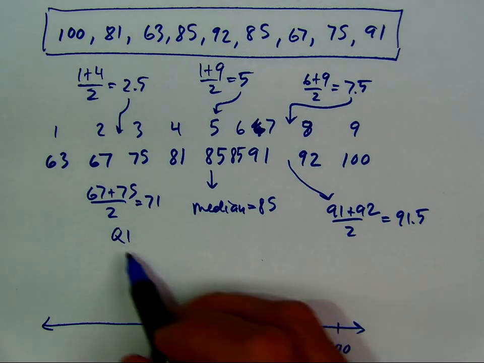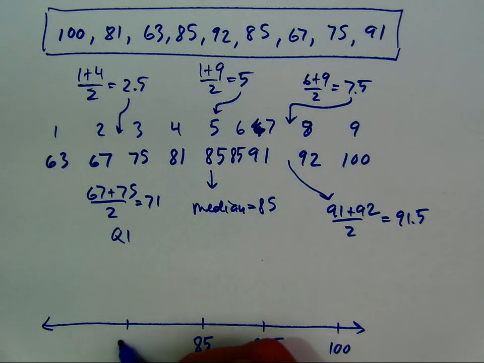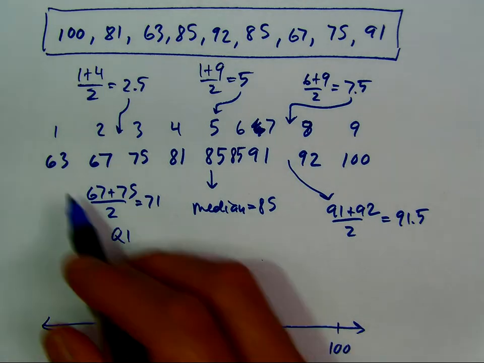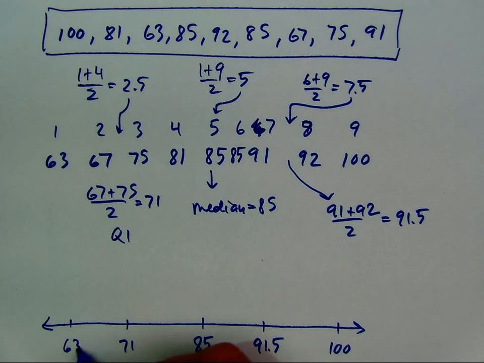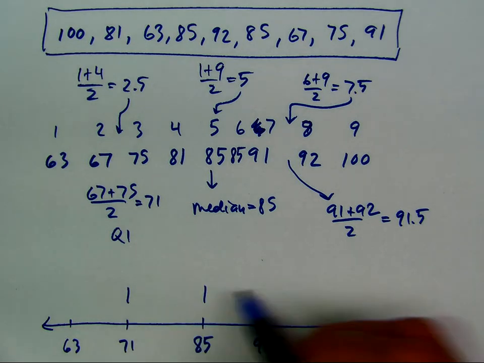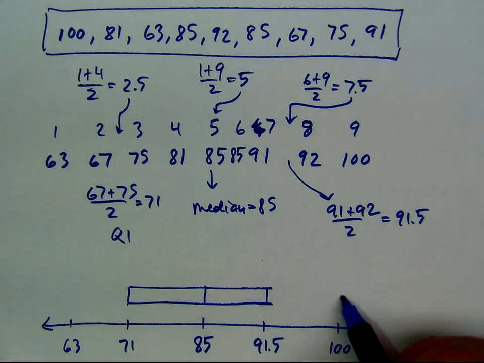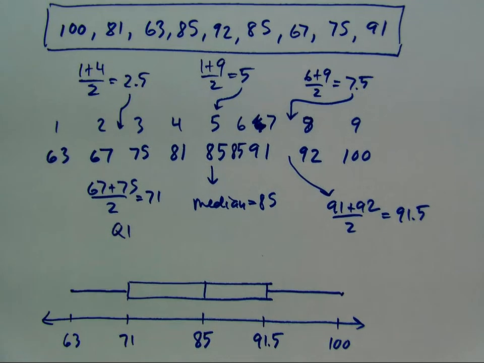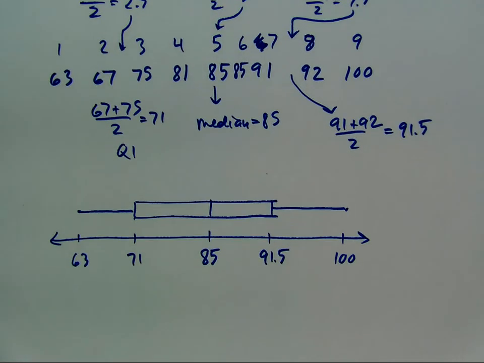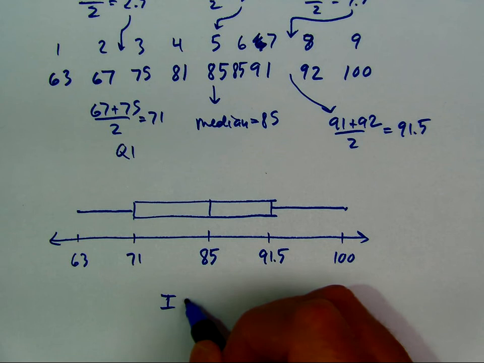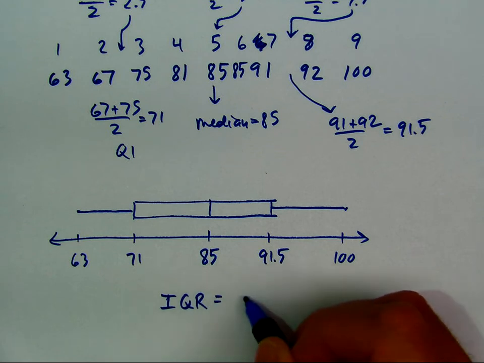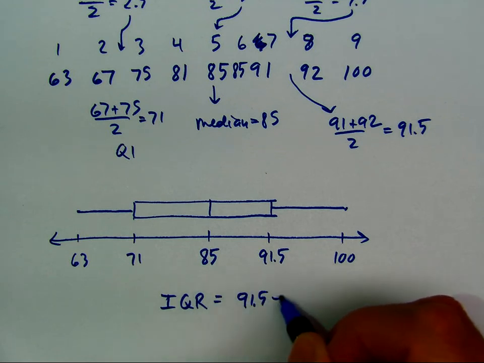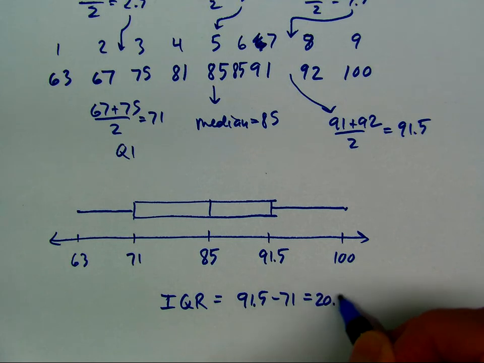We have quartile 1 is at 71, lowest value is 63, and the inter-quartile range is 91.5 minus 71, 20.5.